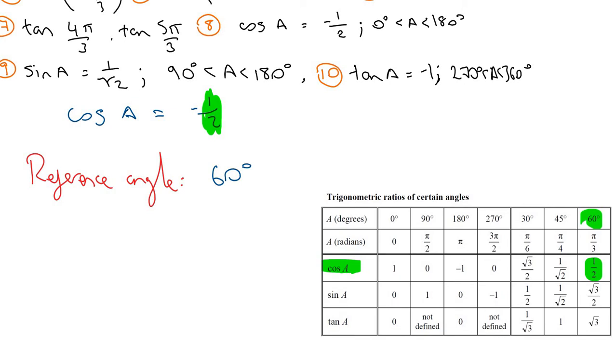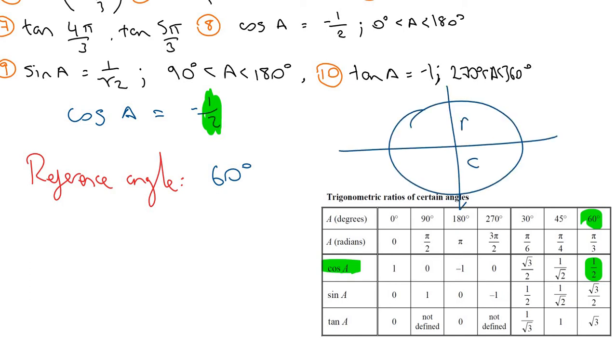Okay, so the reference angle is 60 degrees, but we still don't know what quadrant the angle is in. You're told to restrict your answer to between 0 and 180 degrees. If I look at my unit circle, I'm just dealing with quadrants 1 and 2, because that's where the angle A is, between 0 and 180 degrees.